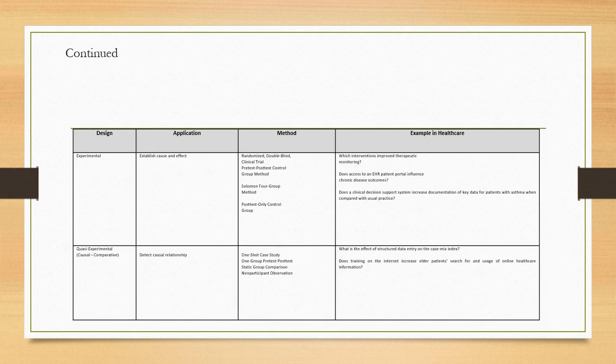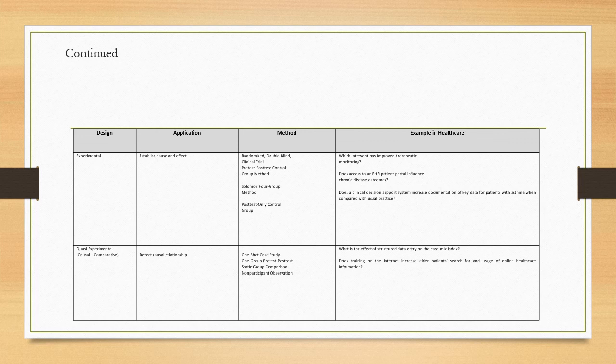And the last example is an experimental design or experimental study applied to establish cause and effect using randomized double-blinded clinical trial, pretest, posttest, control group methods.